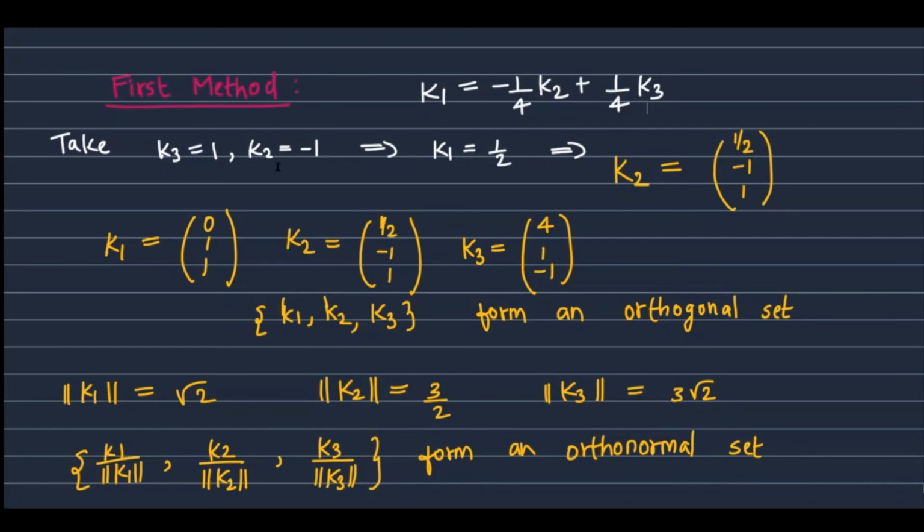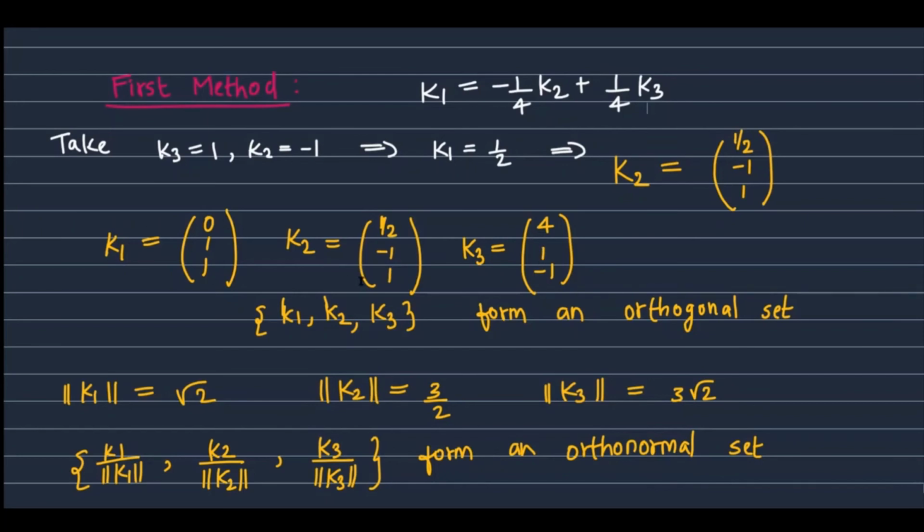Suppose here we take k3 as 1 and k2 as minus 1, which implies that k1 equal to half. We denote this by capital K2. This capital K2 is the vector half, minus 1, 1. Now we can see that this vector is orthogonal to K1 as well as to K3. K3 is the eigenvector we first got, corresponding to the eigenvalue lambda equal to 9, which is 4, 1, minus 1.